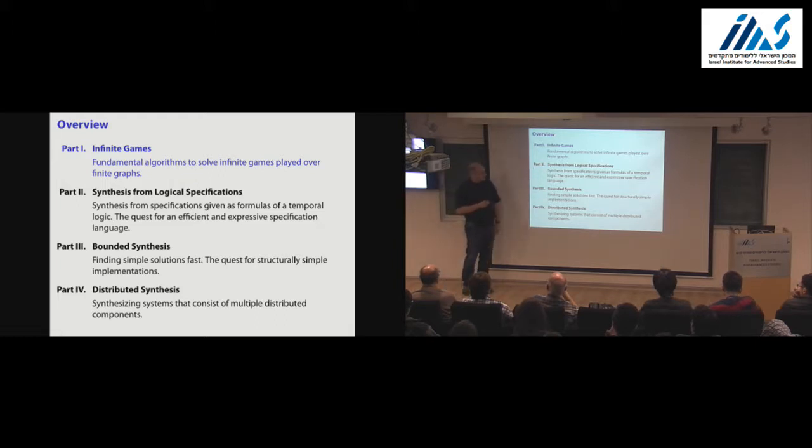And then in the third part, we'll look at the bounded synthesis approach. So the idea here is that the search space for implementations, of course, is huge. So if you have a choice, you might want to prefer simpler solutions over more complicated solutions. And this has two benefits. One, that you actually reduce your search space. And the other benefit, of course, is that you might get simpler, better understandable solutions, and so forth.